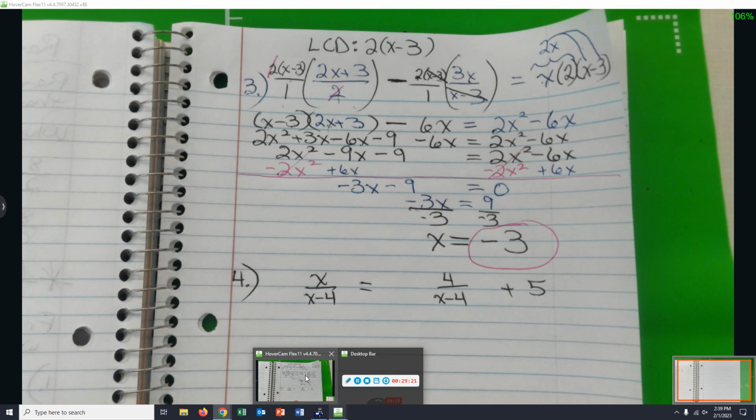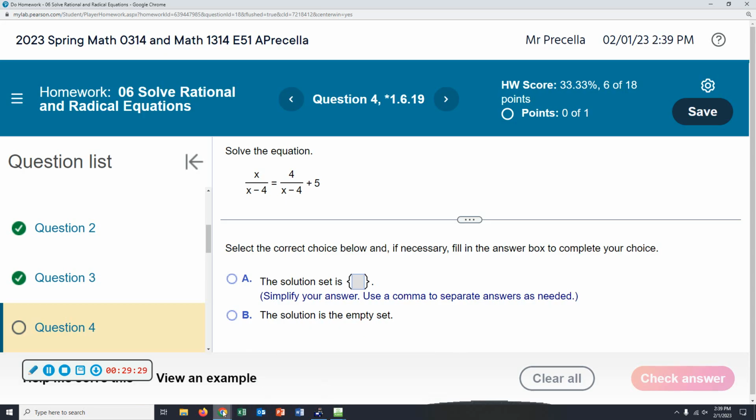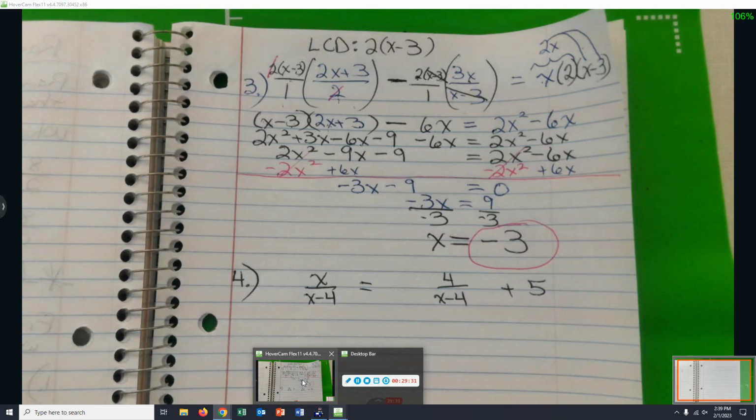You want to cancel out the 2, you want to cancel out the x minus 3, so you got to have a 2 in that LCD on number 3, and you got to have an x minus 3 also to cancel out both of the denominators. You have two separate, completely different denominators. The product is the common denominator.